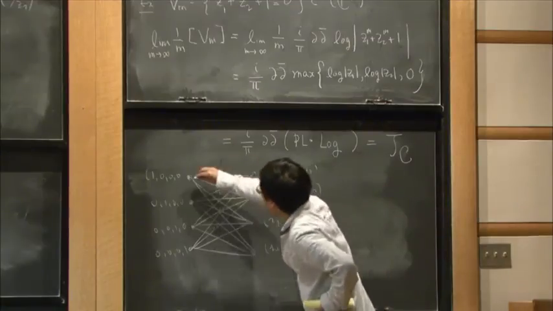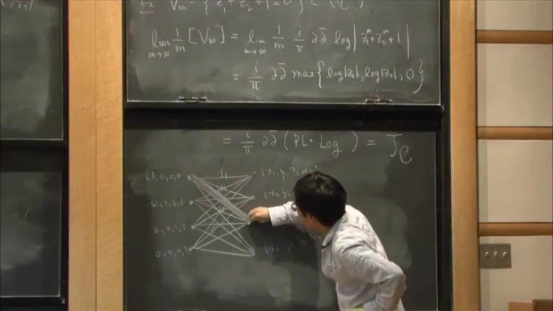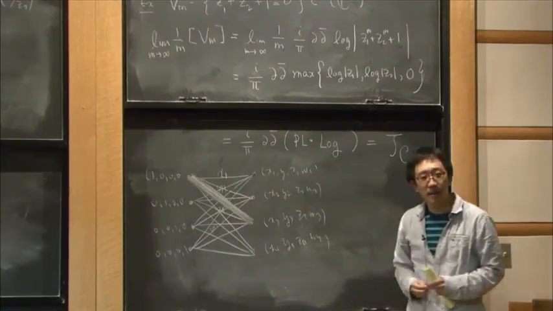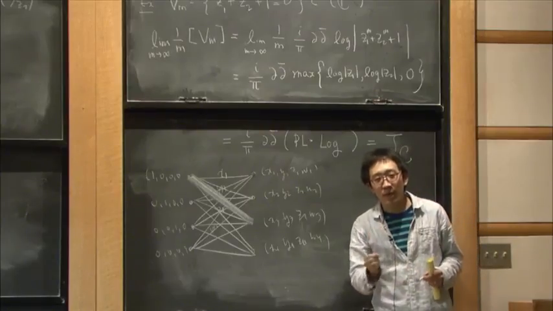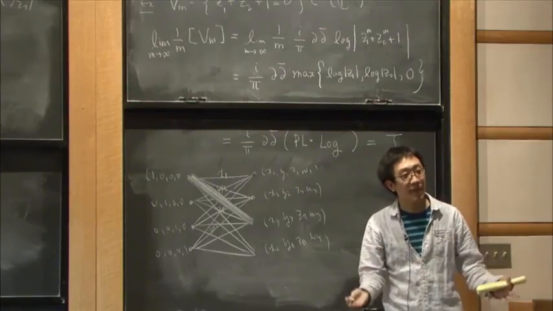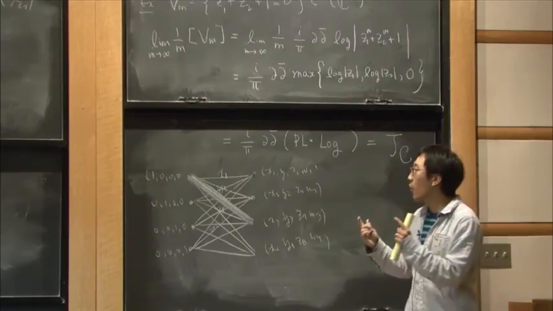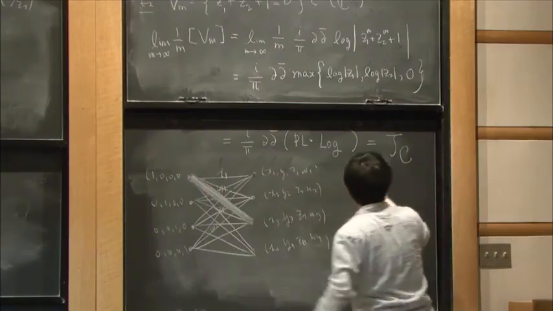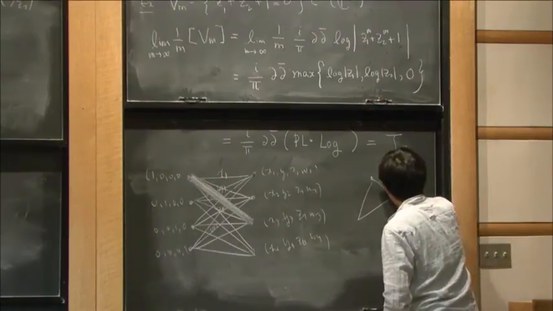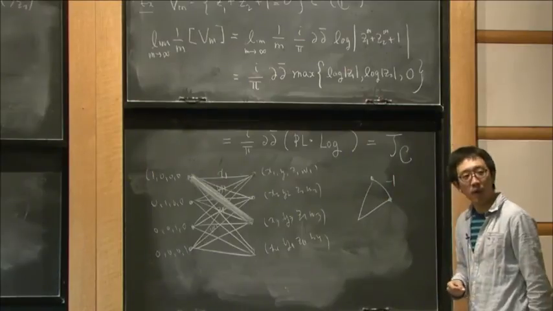But now, if you have a negative edge, say one is here, then exploiting the fact that you live in the 4-dimensional space, you can go around. So this is a positive cone with, say, negative weight 1.